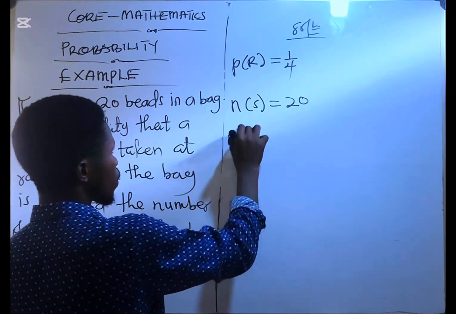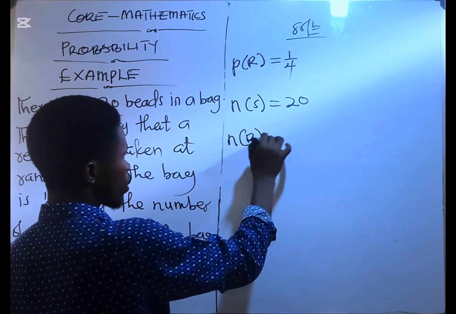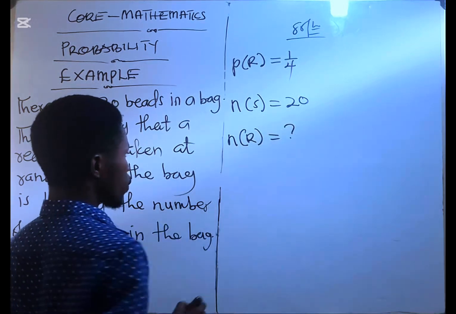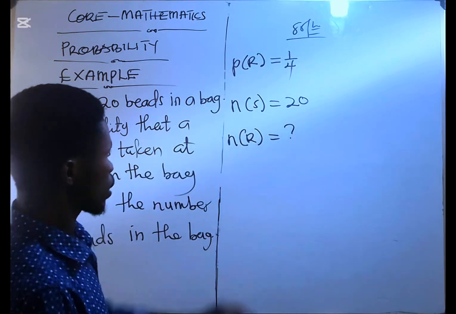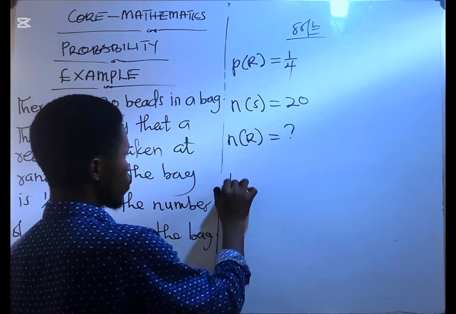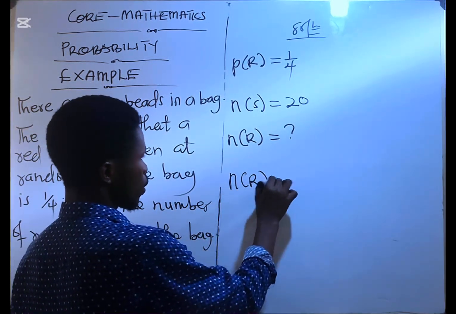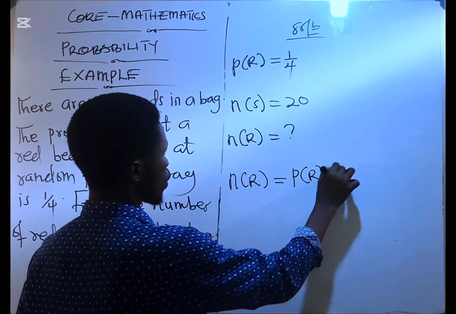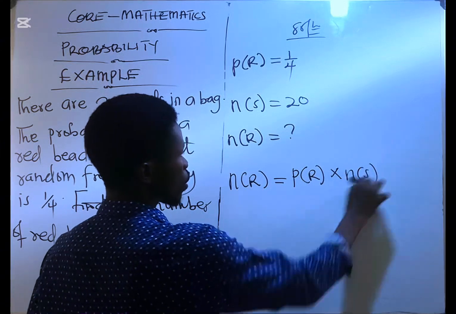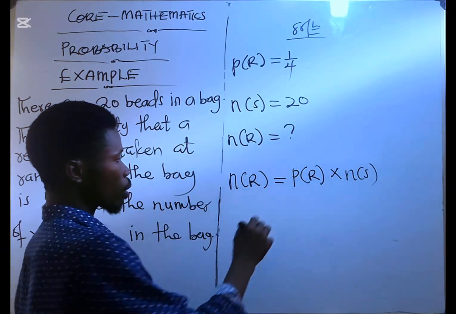Now you want the number of the event of obtaining what? Red bees. So this is the information. If you want that, the formula is the probability of obtaining that times the number of sample space.